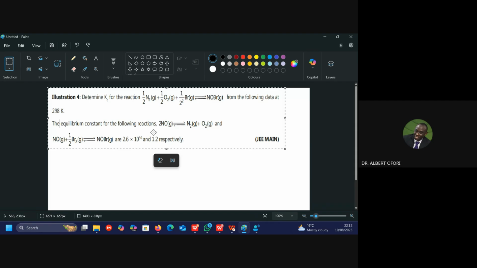Then I'm going to multiply that by half, I mean the new K which I've gotten, by half. So it's going to be 1 over 2.6 times 10 to the power 30, all raised to the power half, or in other words, square root of it. That will give me my K value now.